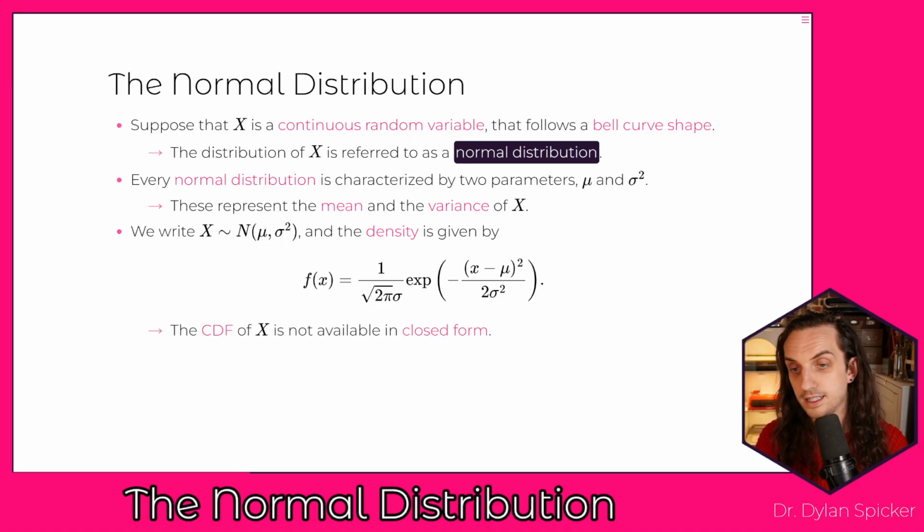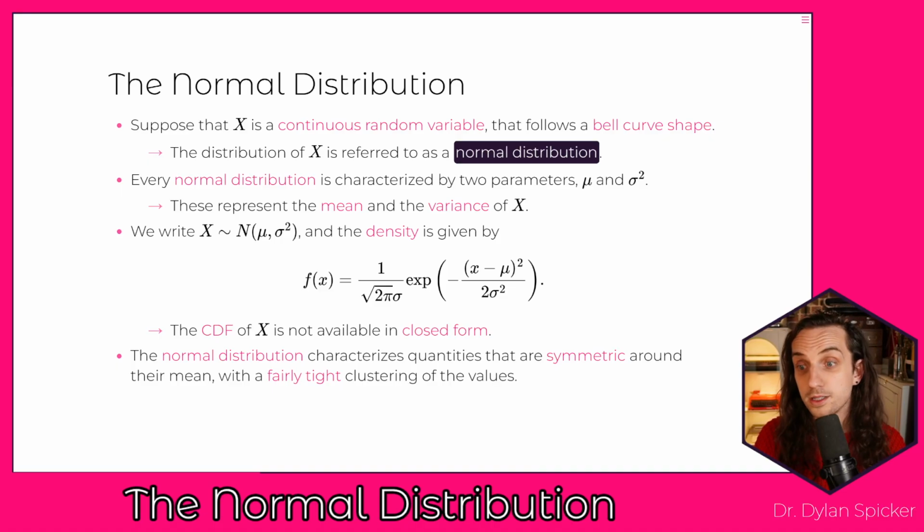Okay? The CDF of x is actually not available in closed form. So there is no closed form expression for the CDF of x, which is going to be a trouble when using the CDF. However, we can use computers or similar software to calculate the CDF for us. The normal distribution is going to characterize quantities that are symmetric around the mean with a fairly tight clustering around that value.